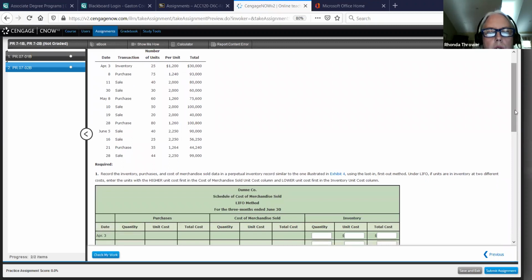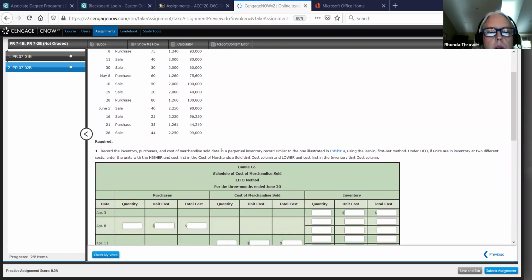So on our cost card, just like we did before, our cost card is set up exactly the same as it was for the FIFO method. We're going to start by entering in our date. Now in Cengage, they've already entered the date in for you, but you're going to have to fill in the white boxes here.